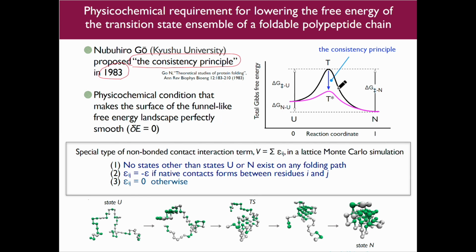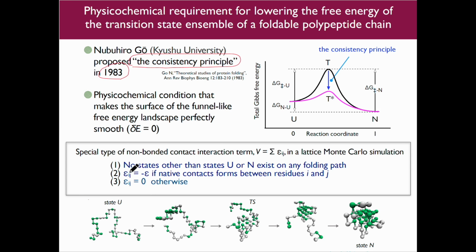So this can decrease the free energy of the transition state like this to accelerate the folding or unfolding. And there are many different representations of the consistency principle, and one way is using a lattice Monte Carlo simulation. So the lattice model is like this, and there are three rules here.